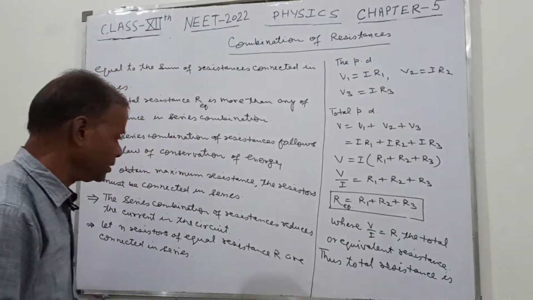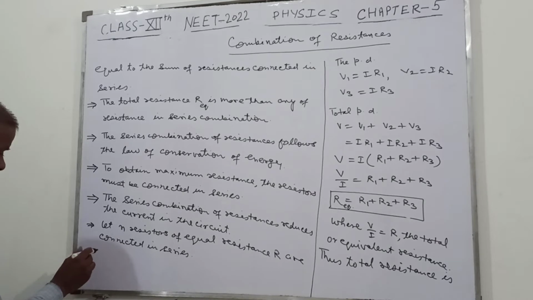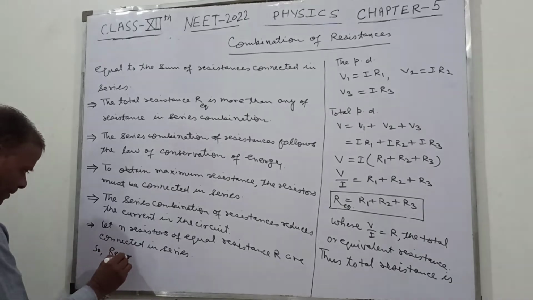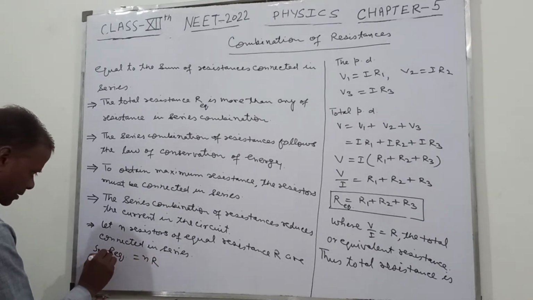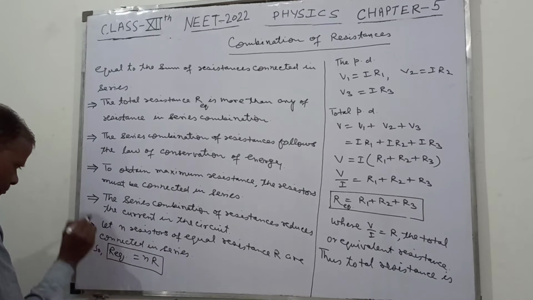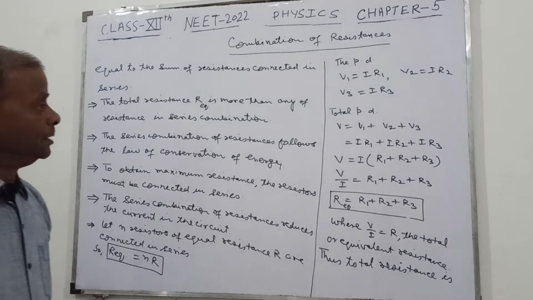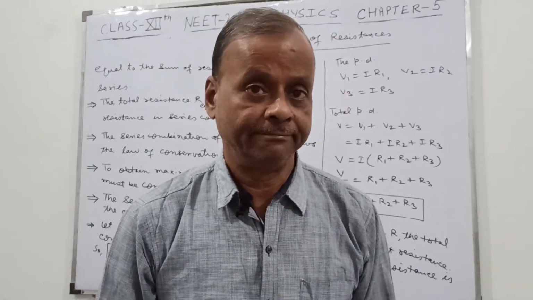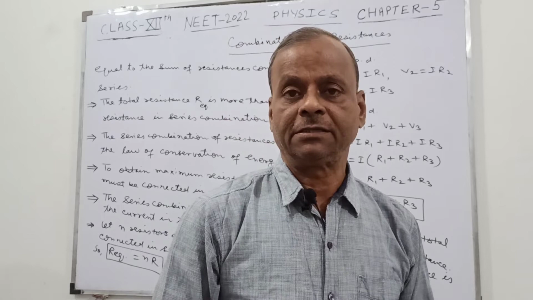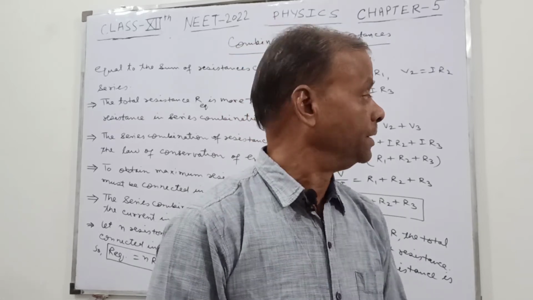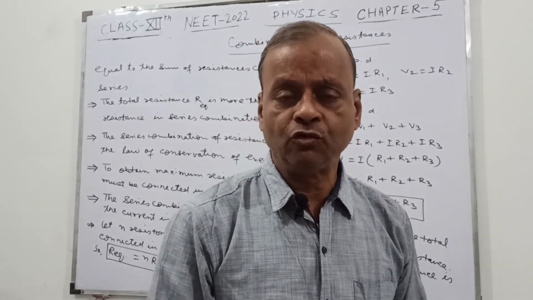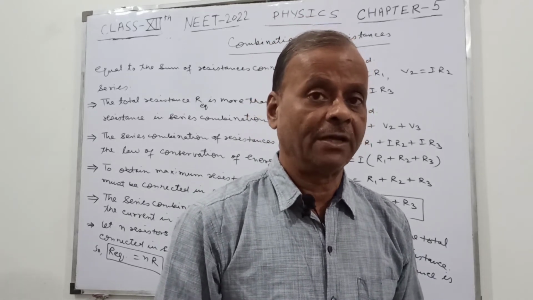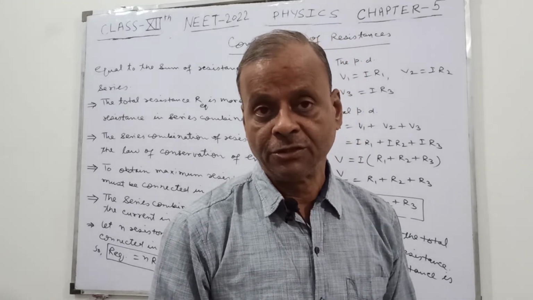So then how much is the total equivalent resistance? So equivalent resistance is equal to n times R. This combination of resistance has one drawback. It actually has two drawbacks. First one, that all the resistances are at different potentials.